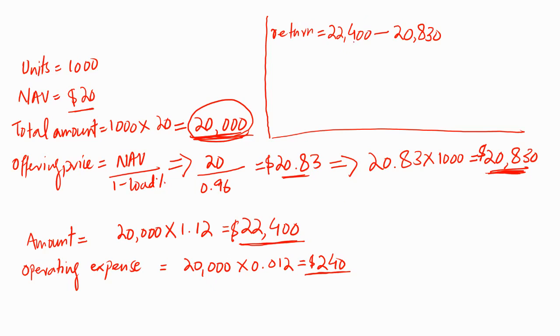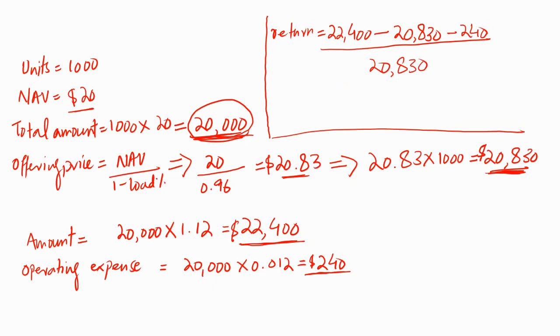So 22,400, the increased value of the portfolio, less 20,830, the amount initially paid by the investor, minus the operating expenses also, whole divided by again 20,830.